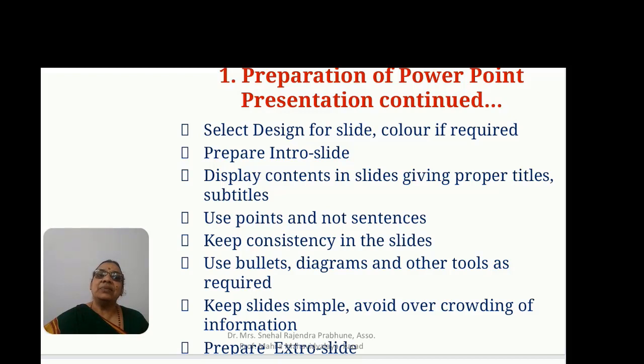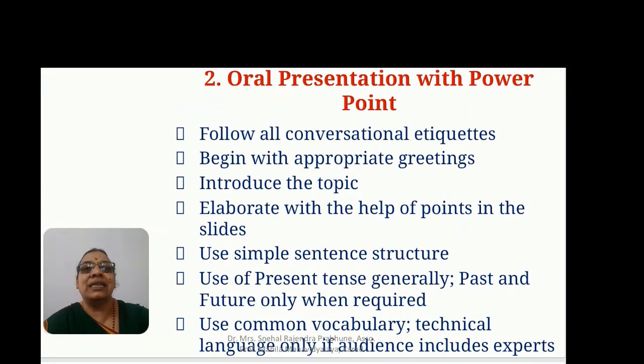Now, we should keep the slides simple and avoid overcrowding as much as possible of the information or the content that is displayed on the slides so that it is easily comprehensible. And lastly, we should take care to prepare an extra slide, that is the last slide, to take the leave before you end.